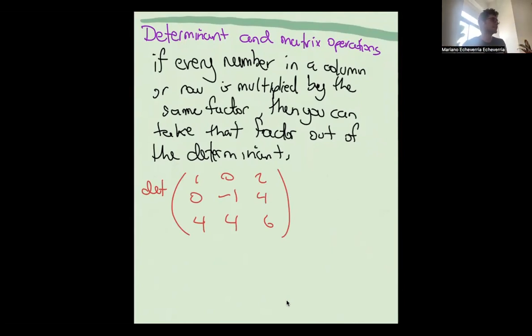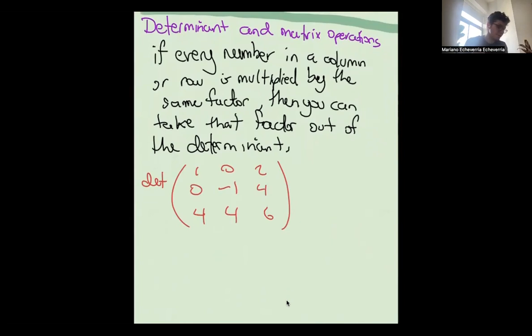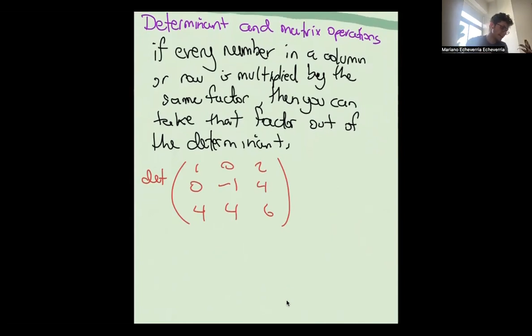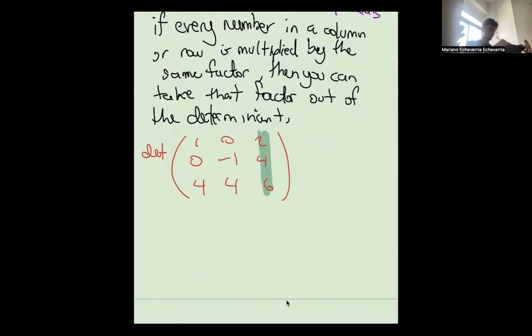Of course, one way to do it is to apply the formula directly. A different way is to notice that every number in the third column is being multiplied by 2, so you can factor out a 2. The property says that this determinant is the same as 2 times this determinant.